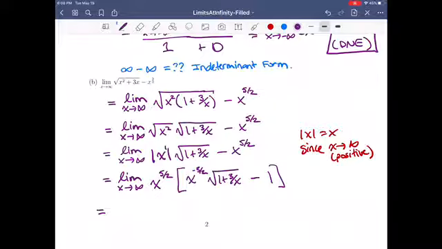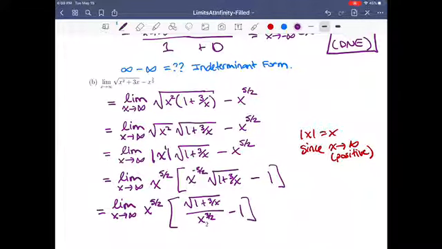I can rewrite this: when I have a negative exponent, it's like being in the denominator. So I have 1 plus 3 over x inside my square root, all over x to the 3/2.